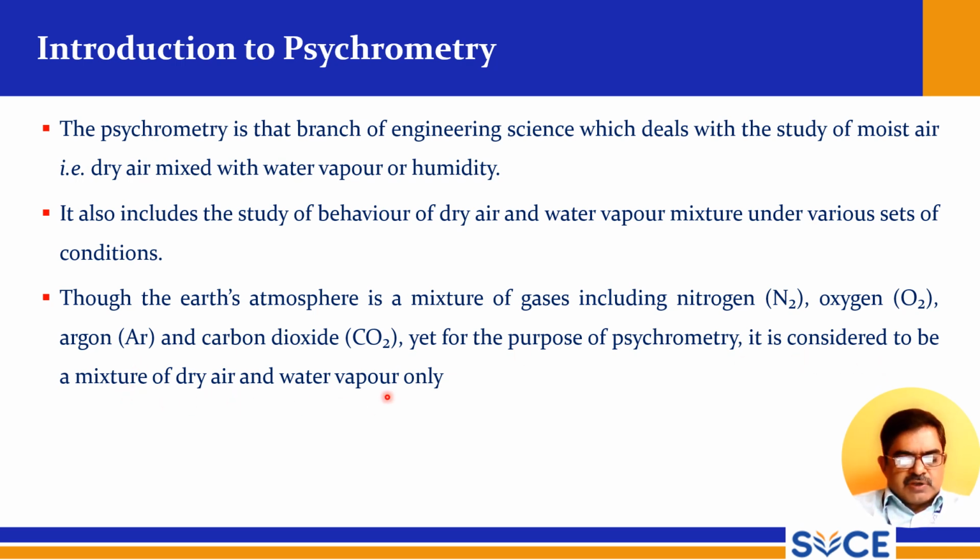We are not going to consider other compounds like nitrogen, oxygen, argon, carbon dioxide, whatever they may be; we are considering them all together as dry air and water vapor, the wetness in the air. That is psychrometry.